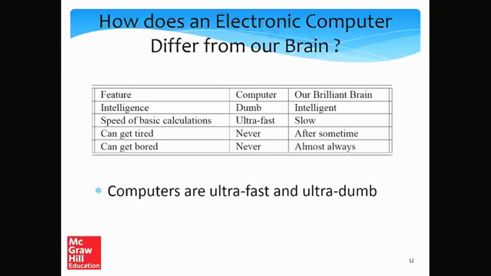All that they can do is they can add, they can multiply, they can subtract. But the advantage here is, and that's mind you a very, very big advantage, that the speed of basic calculations in a computer is very, very high. So it might be doing dumb things like addition and subtraction, but it's doing them a billion times a second.